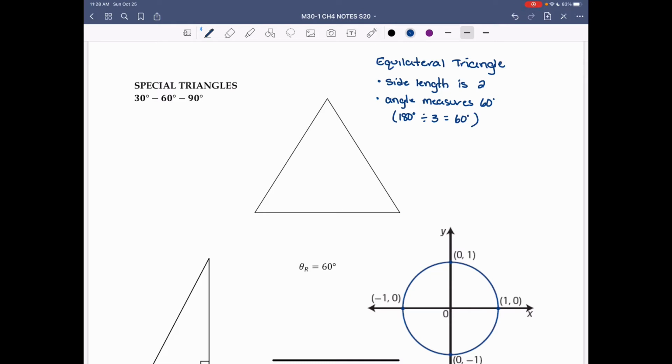We can draw this, so we have side lengths of 2, angle measures of 60 degrees. Then to get the 30, 60, 90 triangle, what we did was we cut this in half down the center of the triangle, which then creates 2 right triangles that are equal.